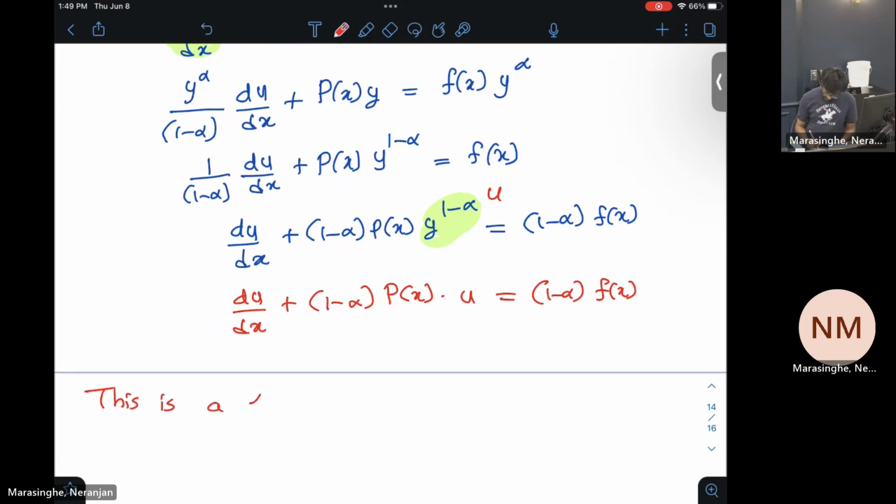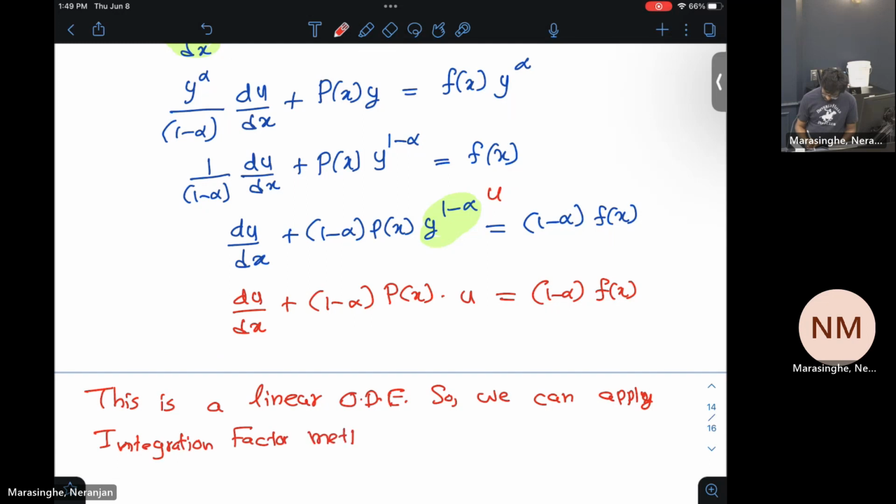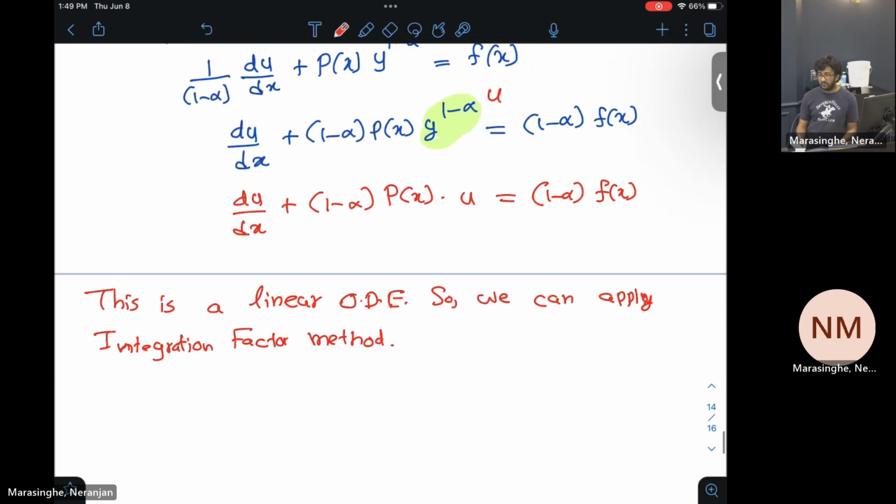This is a linear ODE, so we can apply the integrating factor method. That is the idea.